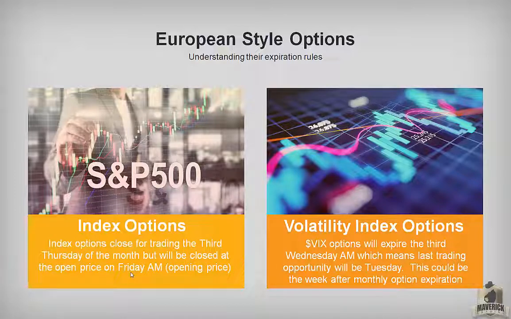Now, you think about this in terms of if my last trading day that I could trade this SPX index option was the third Thursday. That's my last opportunity. Then the market closes. Now, who knows where the settlement's going to come tomorrow morning? There could be a news event. There could be all these things that happen that could cause the market to change dramatically.